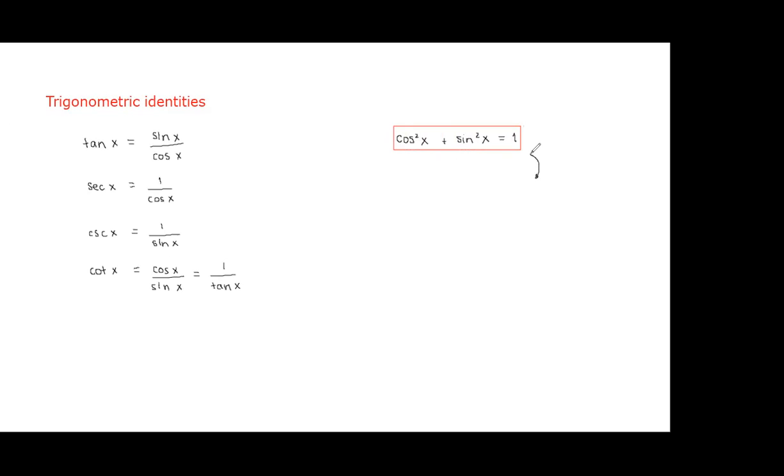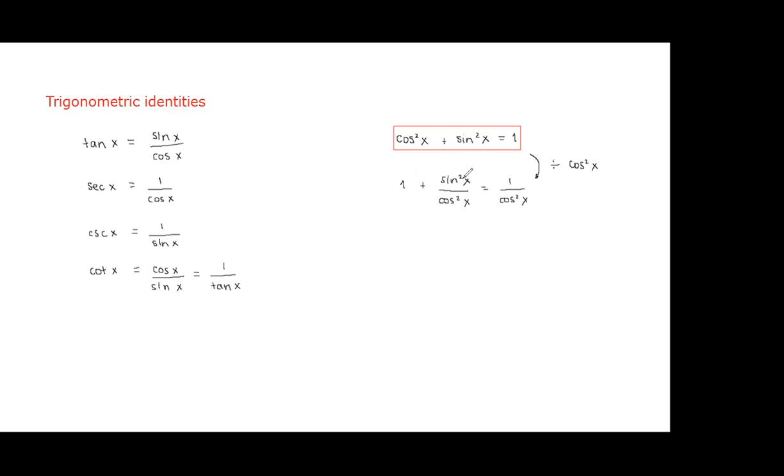If you divide both sides by cosine squared of x, you're going to get cosine squared of x over cosine squared of x, which is 1, plus sine squared of x over cosine squared of x, and this is going to be equal to 1 over cosine squared of x.